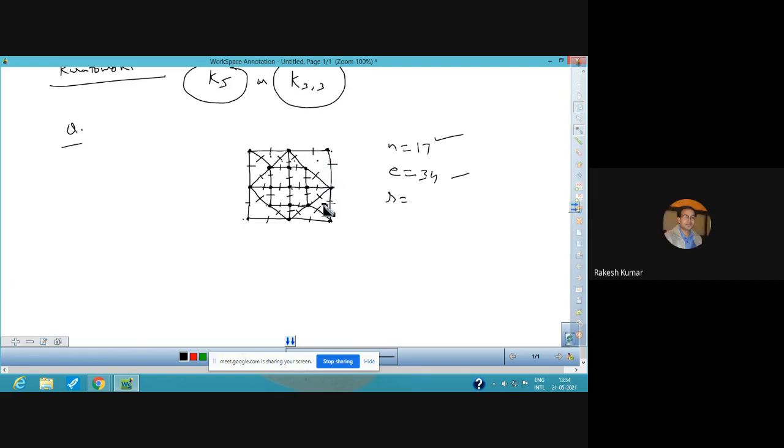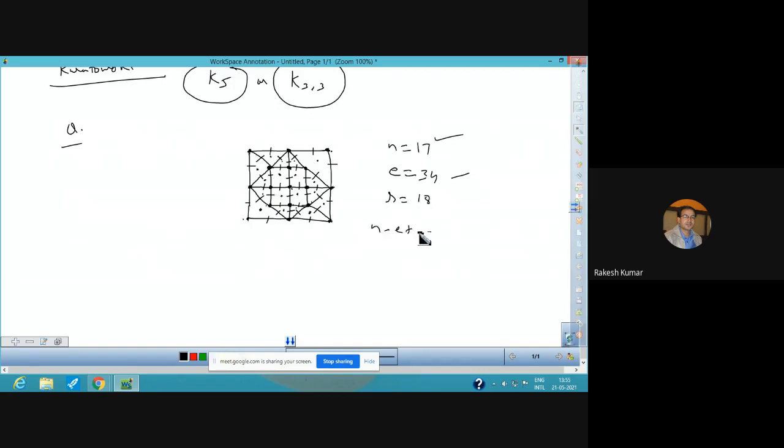And this is region number 5, region number 6, region number 7, region number 8, region number 9, region number 10, region number 11, 12, then we have 13, 14, 15, 16, 17, and 18. 18 regions are coming accordingly.